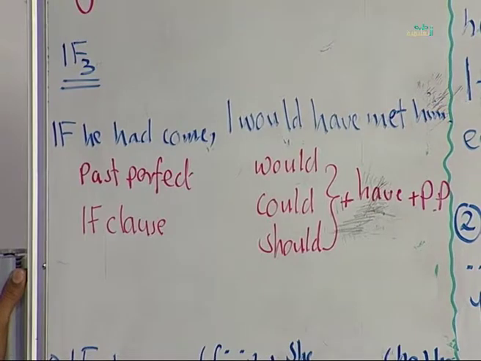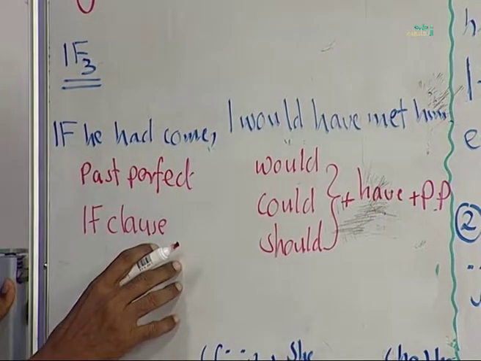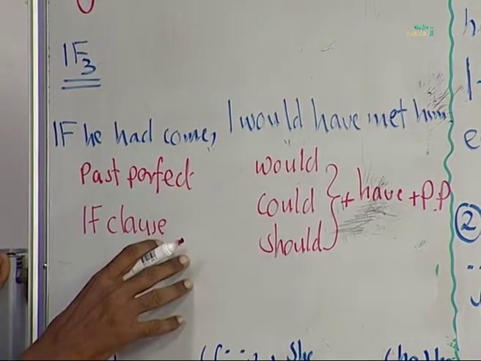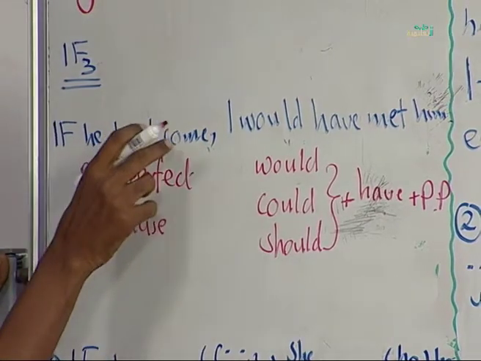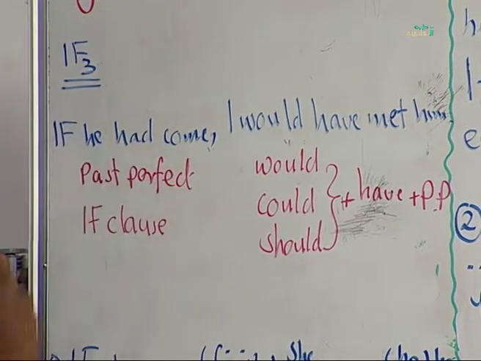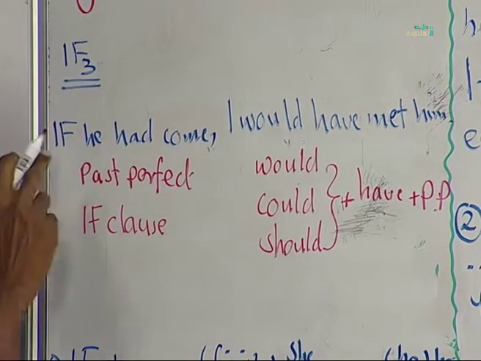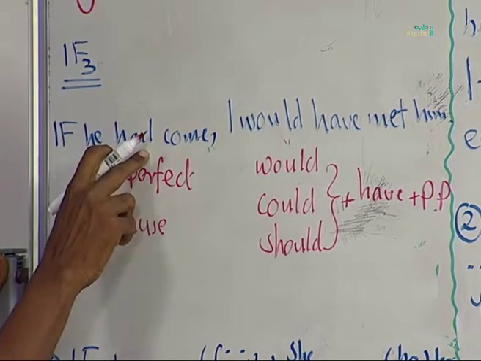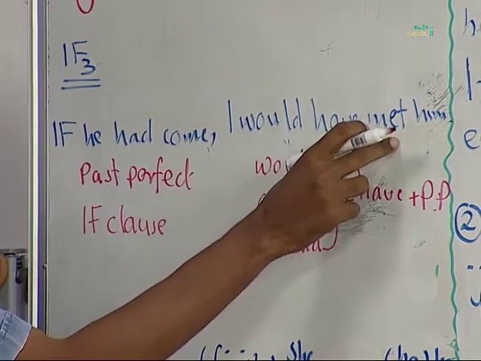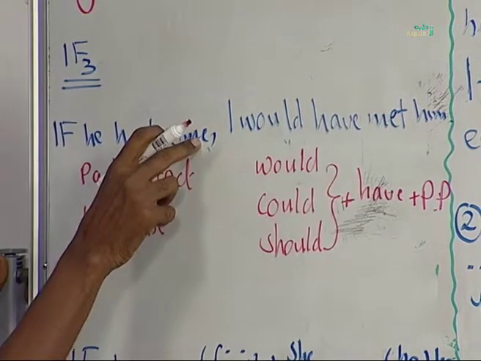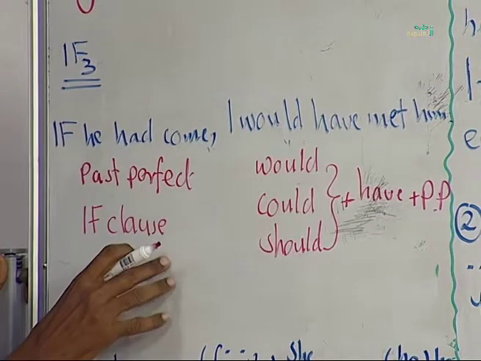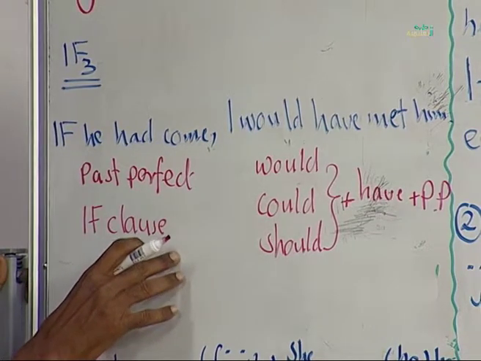This is conditional type 3. If he had come, this means he didn't come. I haven't met him. I put in my mind, if he had come, I would have met him. This means that I haven't met him, he didn't come. This is conditional 3, or F3.